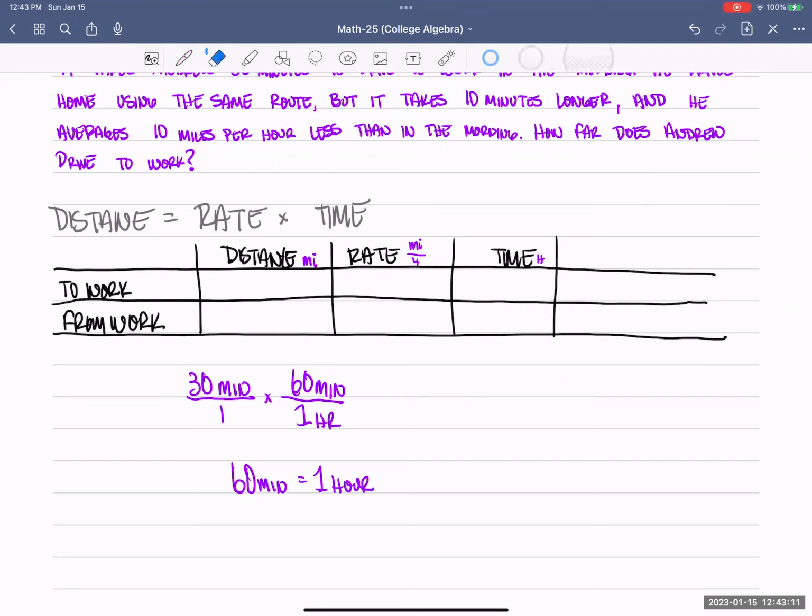No, it doesn't look like anything simplifies here, so let's flip it upside down: 1 hour per 60 minutes. Now at this point, our minutes divide out and we can just multiply across. So 30 minutes times 1 hour, that's 30 hours divided by 1 times 60.